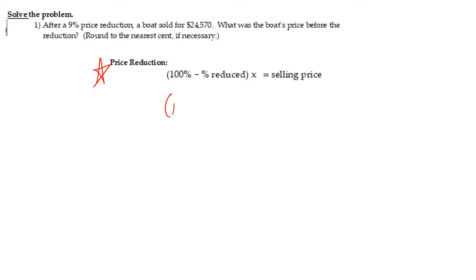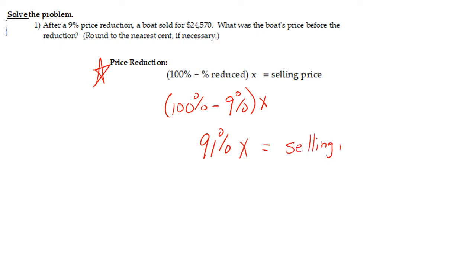Basically, if you think about a full price as being 100%, you can subtract the amount of the reduction. So 100 minus 9 means basically you're paying 91% of the price, and that's going to be the new selling price. Well, the new selling price in this problem was $24,570.